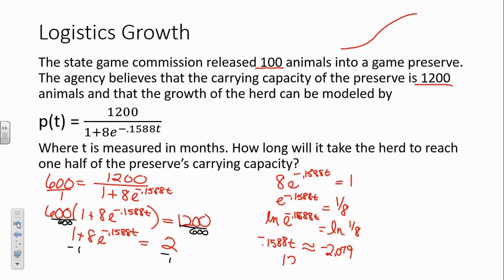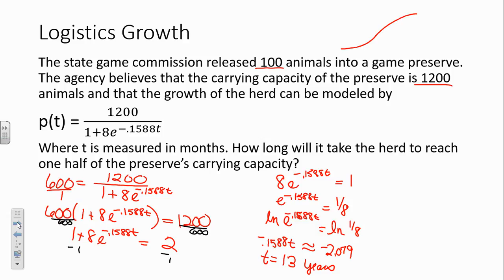And we get 13.09 months. So 13 months, they'll be halfway to capacity.